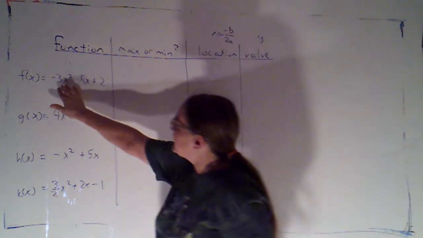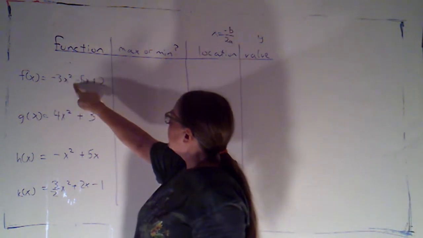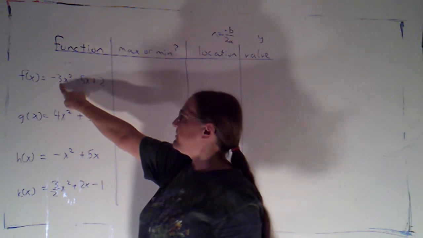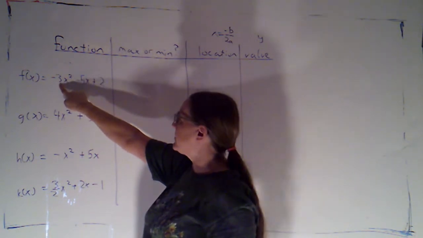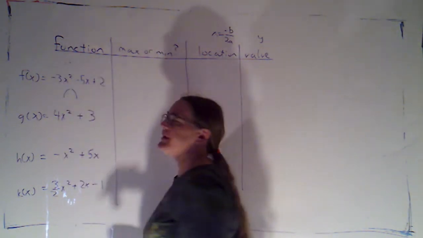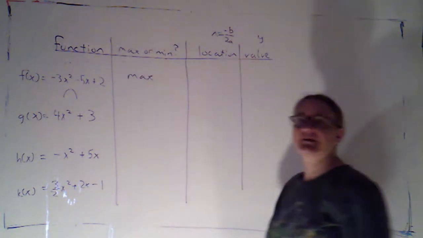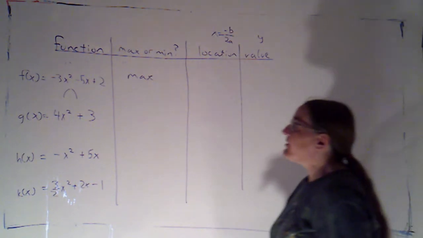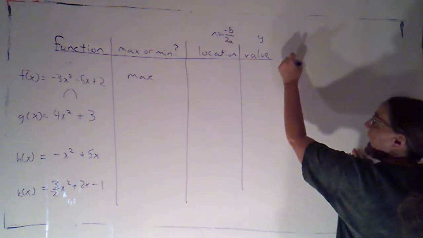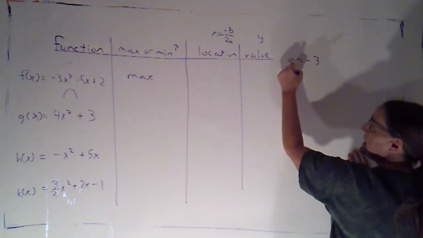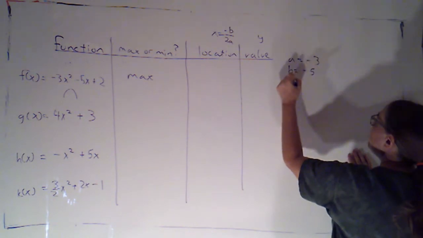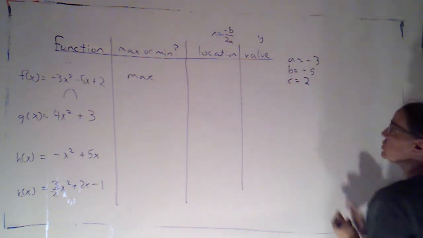All right, so if I look at f of x here, well, the squared term is negative. My a, the coefficient in front of x squared, is negative. I know that's going to open down. If it opens down, we've got a high point, so we're going to have a max. Now I'm going to just write down my a here was -3, my b was -5, and my c is 2.